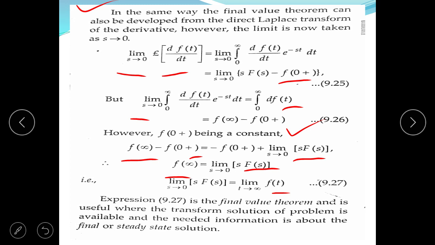It means the theorem is applicable to find the steady state response of the circuit at t equal to infinity. Then we apply the final value theorem. If we want to find the initial response of any circuit, then we apply the initial value theorem.